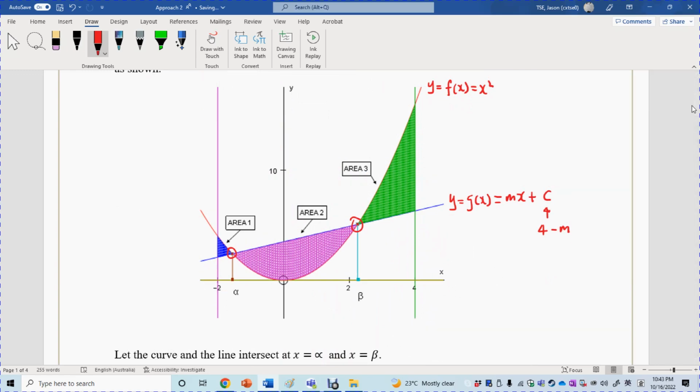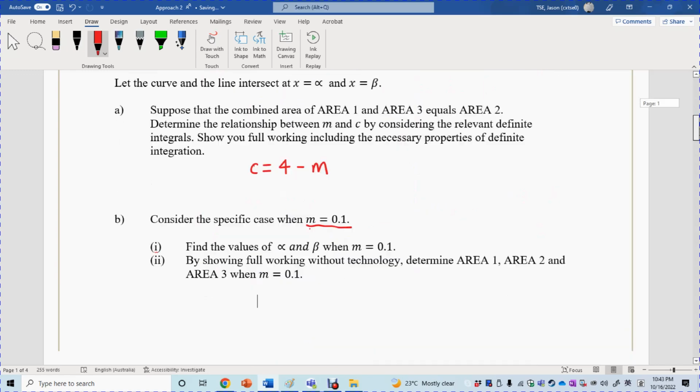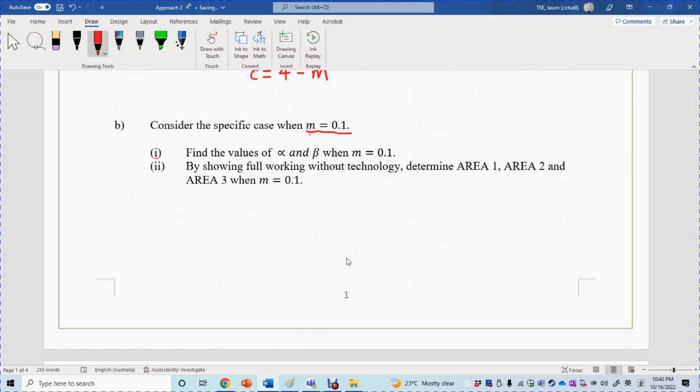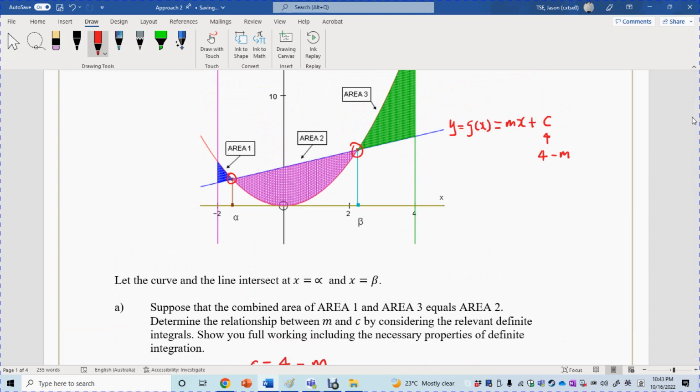So you need to find the intersection point. Of course, algebraically, you can always solve it when m equals 0.1. So y equals x squared, and y equals the straight line equation with m equals 0.1, so y equals 0.1x plus 4 minus 0.1, which is 3.9.